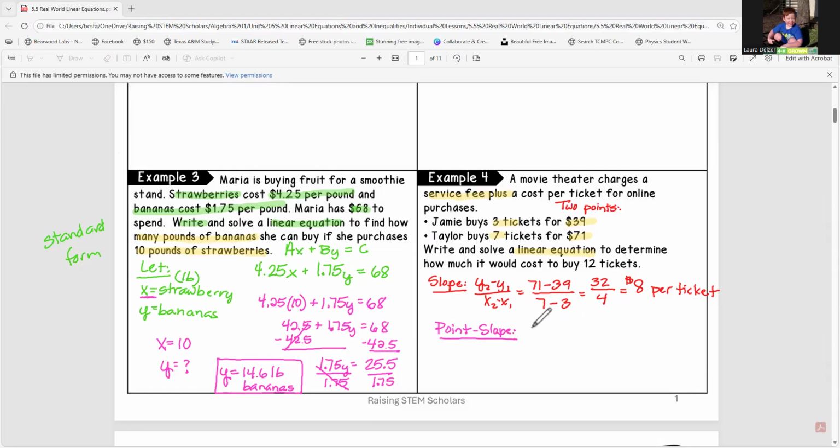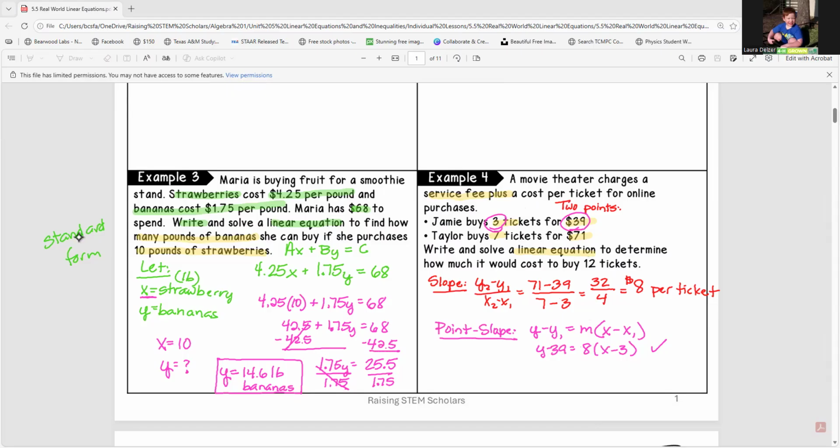So remember, this is going to be my y minus y1 equals m times x minus x1. Okay, so my y1, I'm just going to go grab one of these. That's 39. Because I grabbed that 39, I know I have to get the x that went with it. That was the 3. So this is my equation. Okay, we've written my equation.